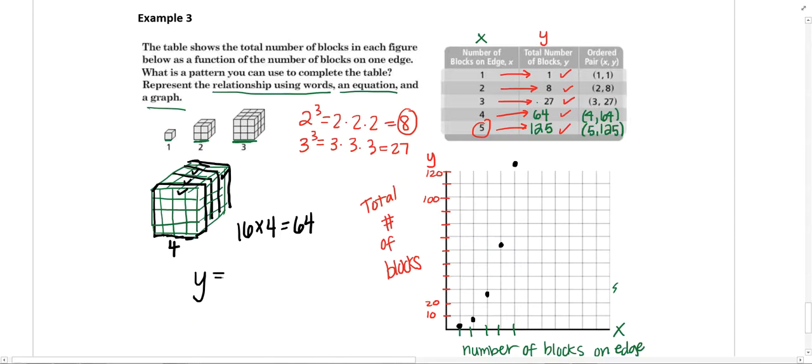Y equals, which is the total number of blocks that you get, equals the number of blocks on each edge, or x, to the 3rd power. This is the equation.